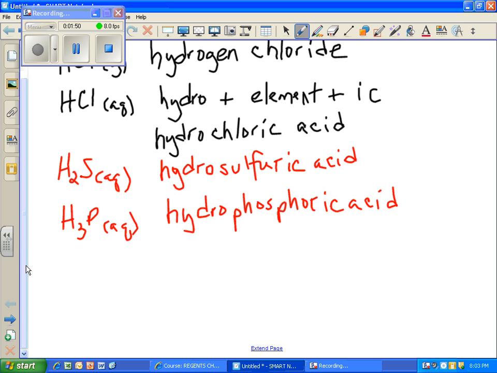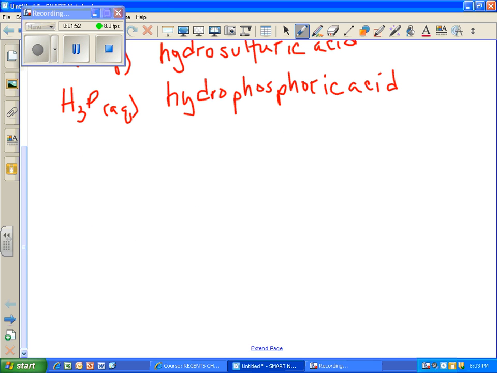Now, suppose it's an acid that has an oxygen in it. That's called an oxy acid. Those are going to come from chart E again, the polyatomic ions. So if you saw H2SO4 aqueous, if it was a gas or a solid or something else, you would have said hydrogen sulfate. So sulfate, if it comes from ATE, the acid is going to end in ic.